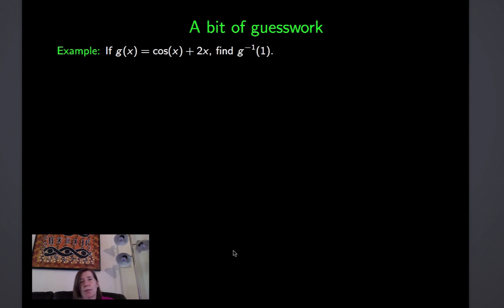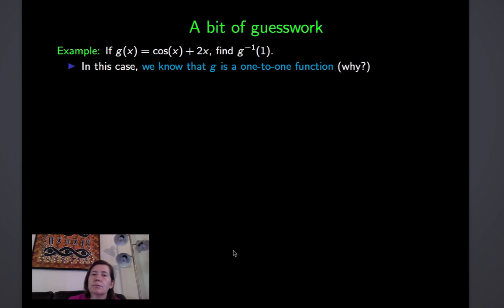This is the same type of problem, but finding the x, solving for x, requires a bit of guesswork. Let's look at the function g of x equals cosine x plus 2x, and we want to find g inverse of 1. Now, I know that g is a one-to-one function, and I'll ask you to think about that before I show you why.